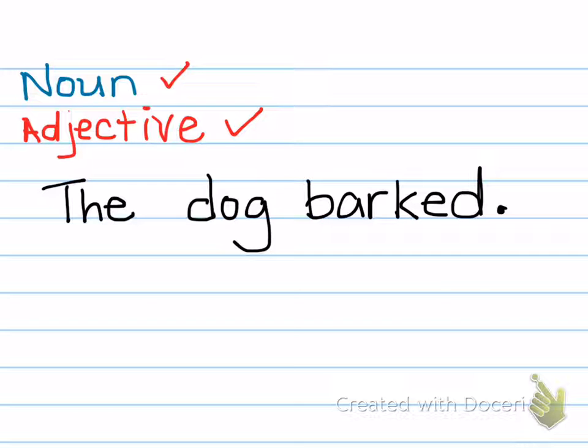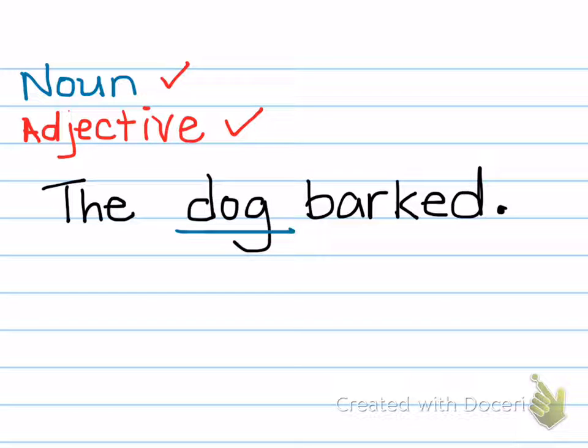Well, I know a noun is a person, a place, or a thing. I can see there are no people in the sentence. I can see there is not a place in this sentence, but there is a thing, and that thing is the dog. So I underline that word. I've discovered the noun in the sentence.